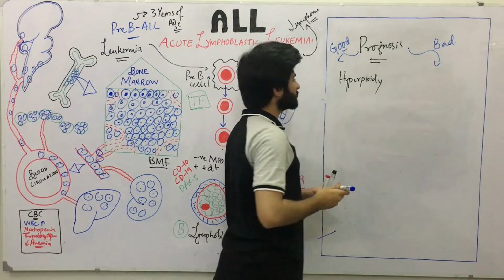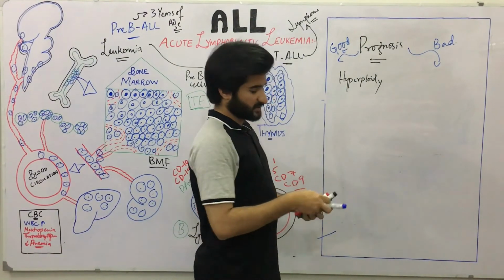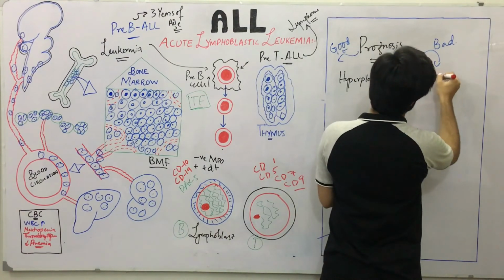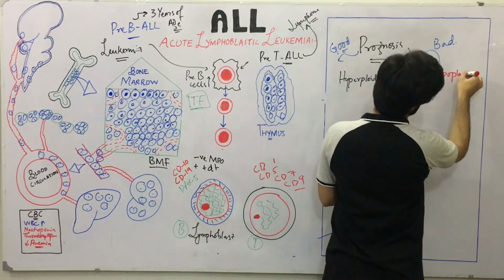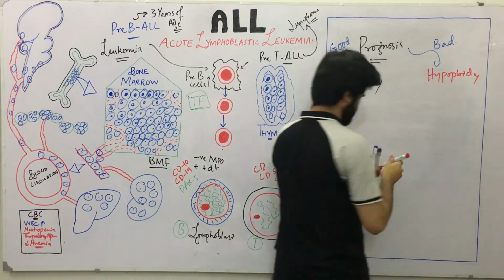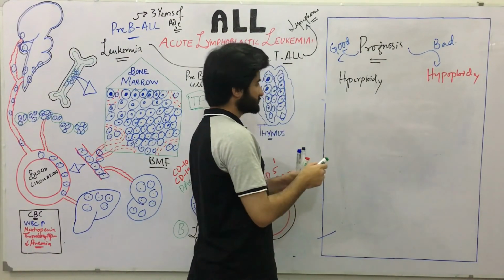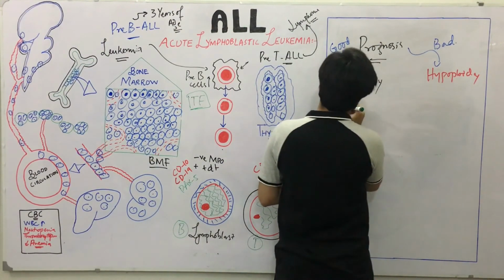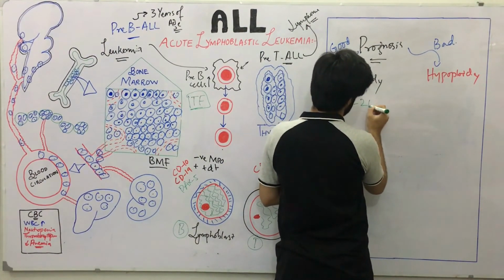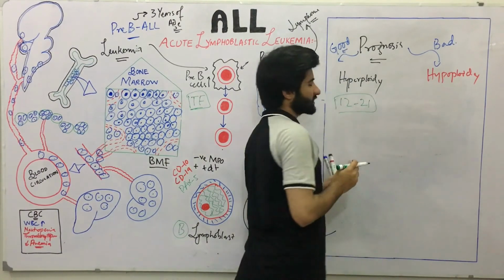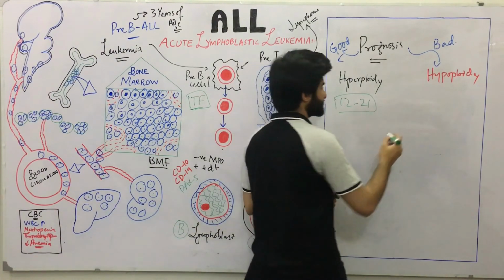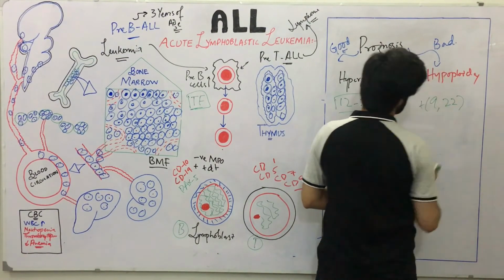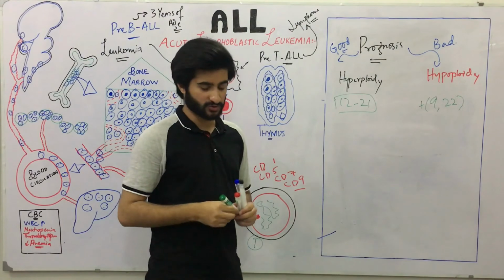The marker of good prognosis is hyperploidy, whereas one of the markers of bad prognosis is hypoploidy. Also, 12-21 translocation is a marker of a good prognosis, whereas 9-22 translocation is a marker of poor or bad prognosis.